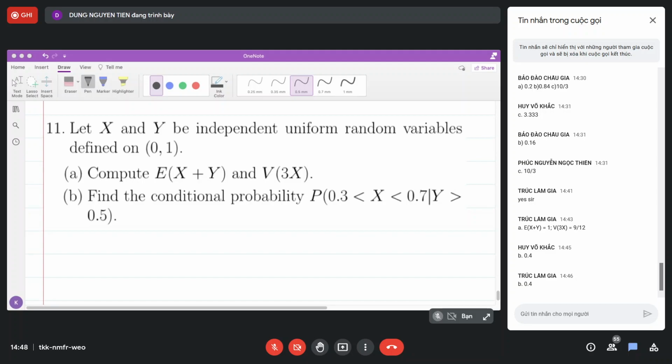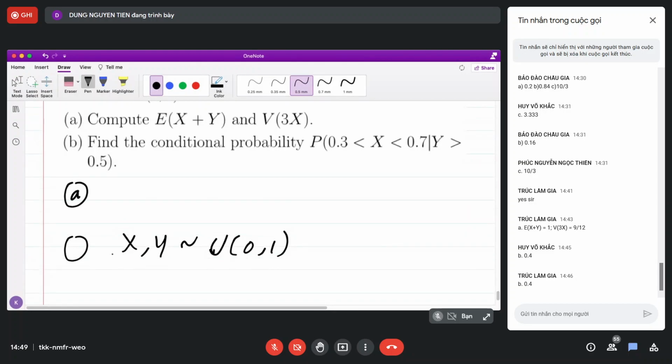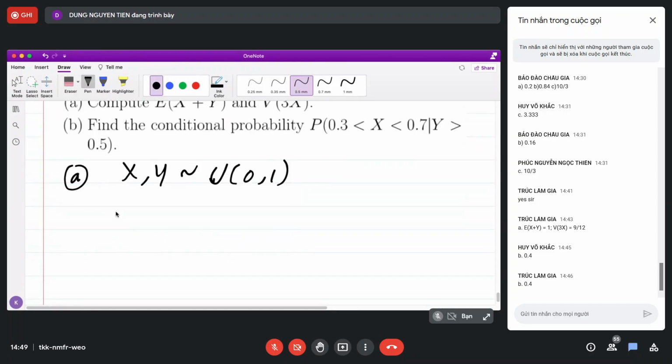Okay, let's go over the problem. In this case, x and y follow a uniform distribution on the interval [0, 1]. You want to find the mean of x plus y, which is the mean of x plus the mean of y.